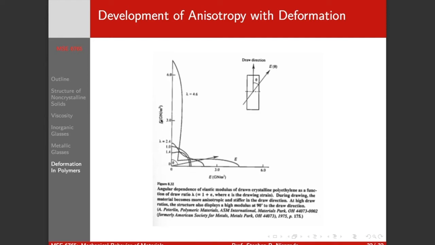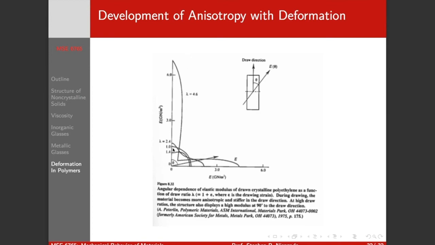This is the modulus along the x direction, the modulus along the y direction, modulus along the draw direction. And as you increase, you develop anisotropy. Your chains become very highly oriented. So you get a much stiffer response along the drawing direction than along other directions.